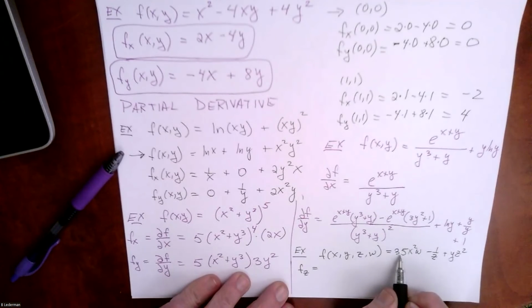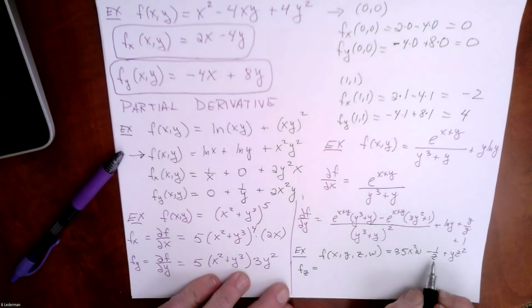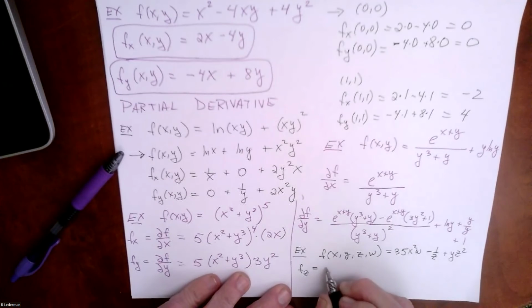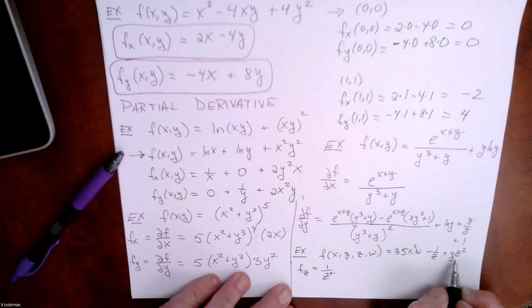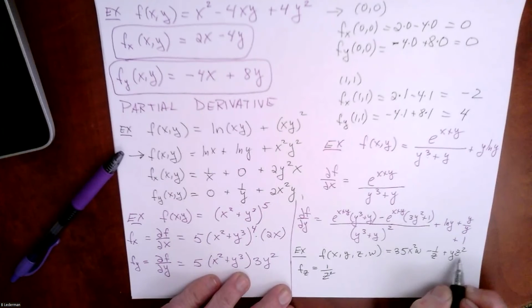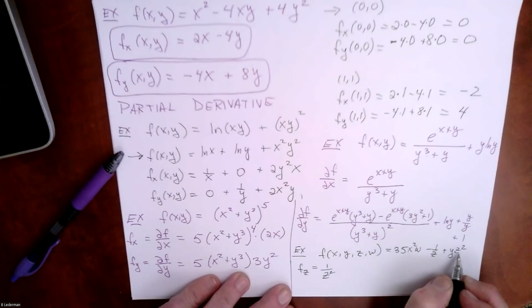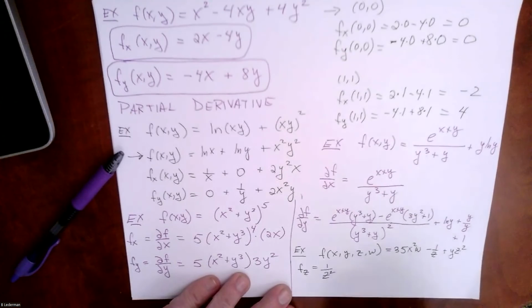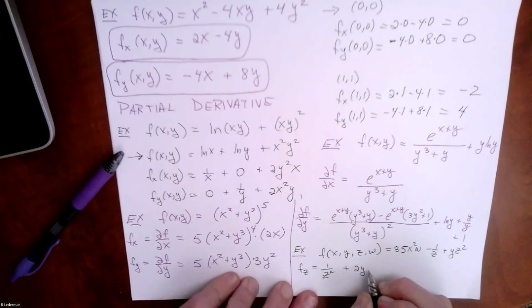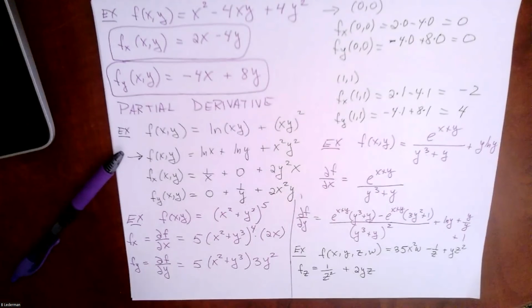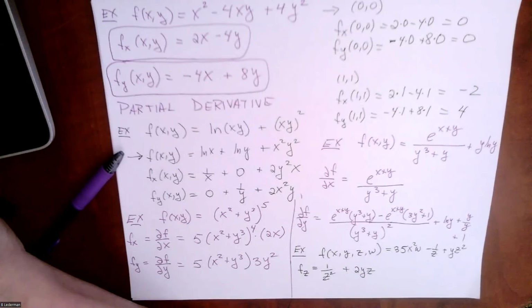Well, 35x squared w is just a constant, so it's going to disappear. The derivative of negative 1 over z is positive 1 over z squared. The derivative of y times z squared: y is a constant, so all I have to worry about is the derivative of z squared, which we know is 2z. So it's going to be 2yz, and that's it. We are done.